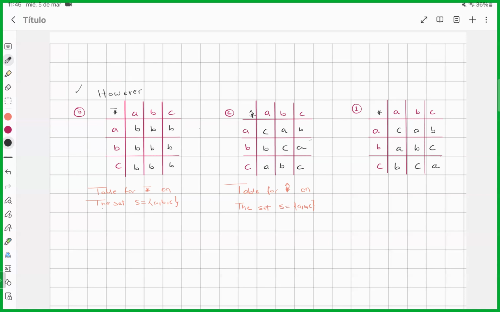Why do I say that? Well, I will write this. These three tables are structurally different.